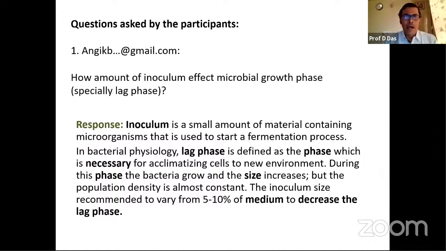Am I right? Active means it should be in the log phase when we take the inoculum, so that when we inoculate, the lag phase should be as minimal as possible.